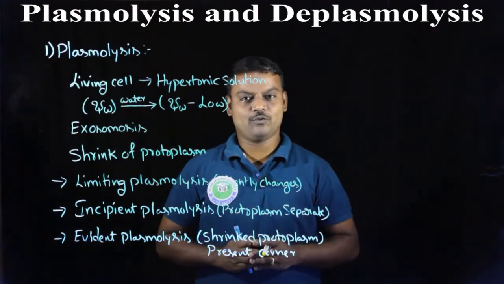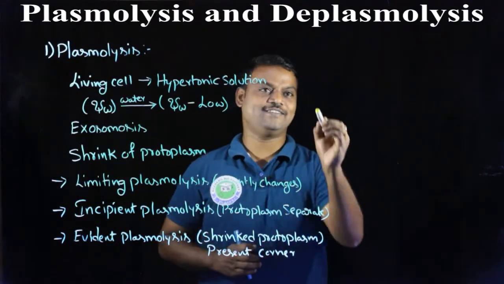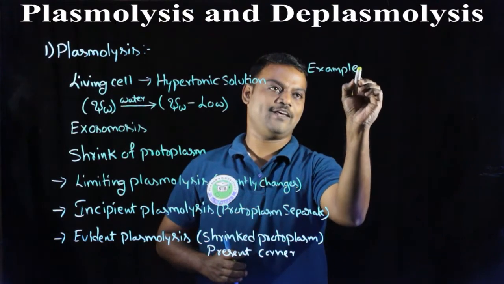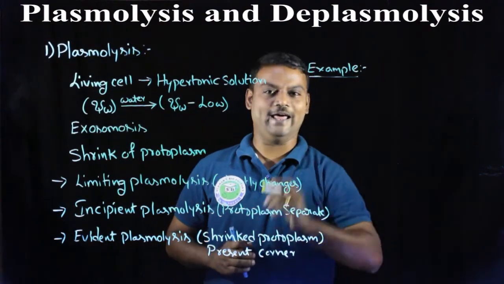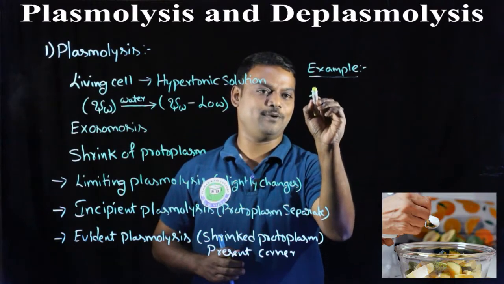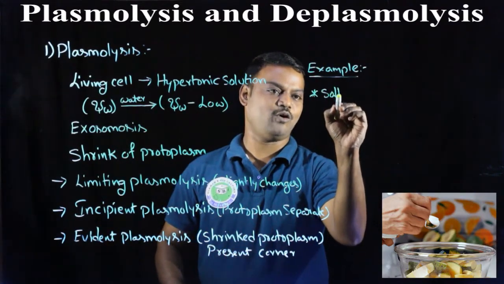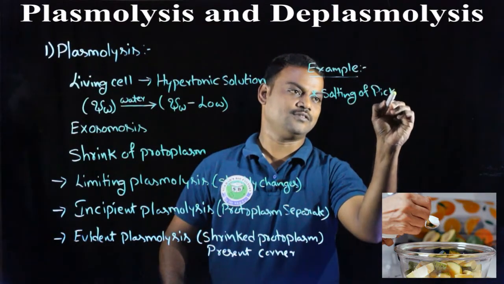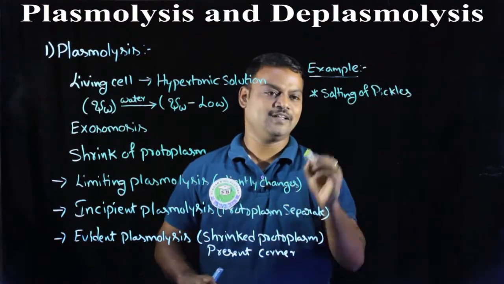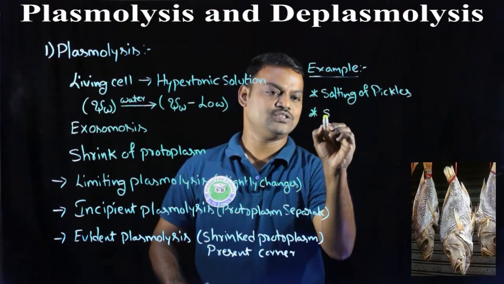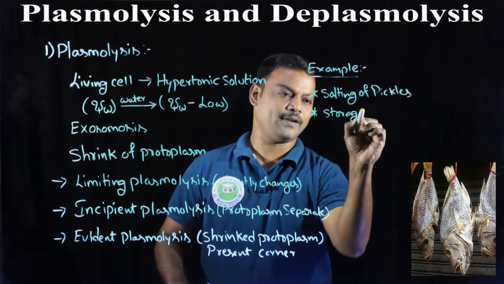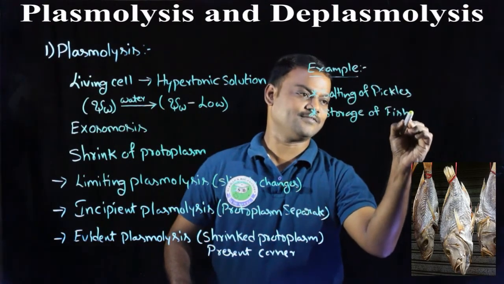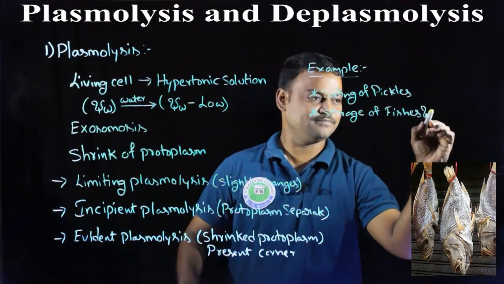Now let us take some examples of plasmolysis, which we generally use in our daily life. The first example is salting of pickles and storage or preserving of fishes and meat.